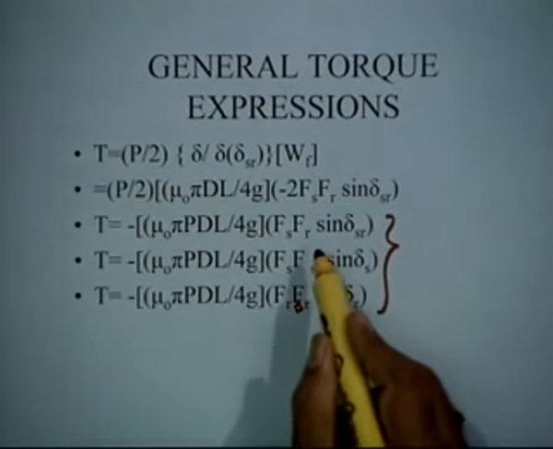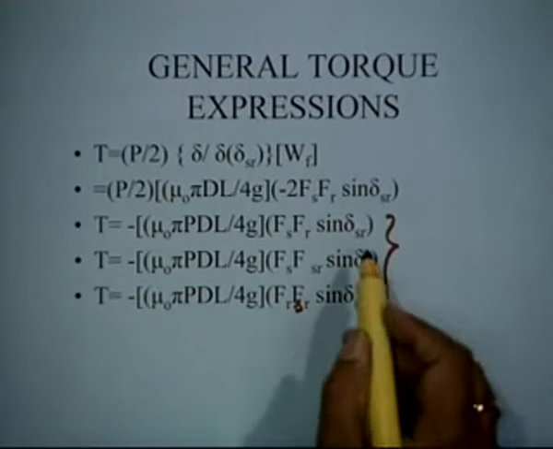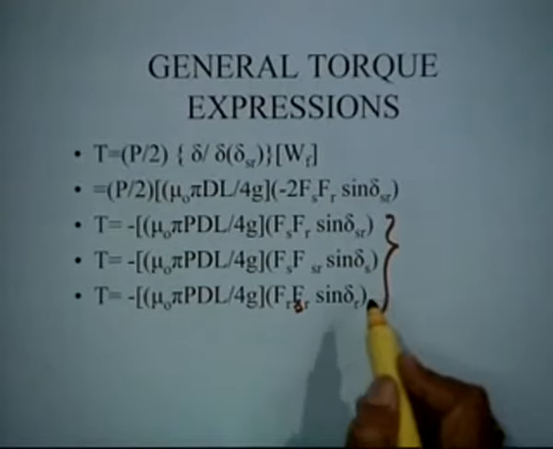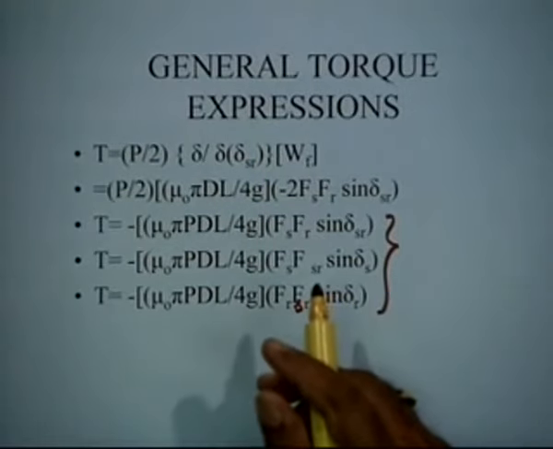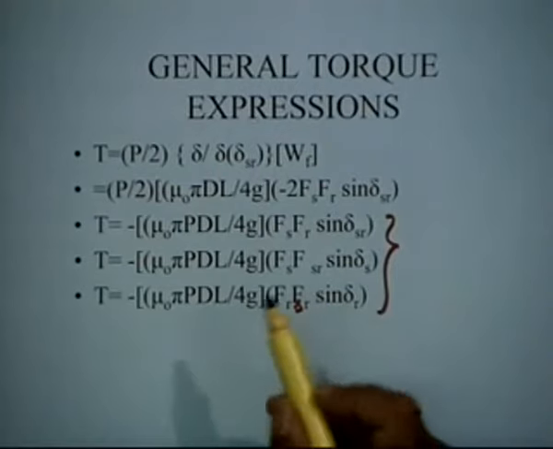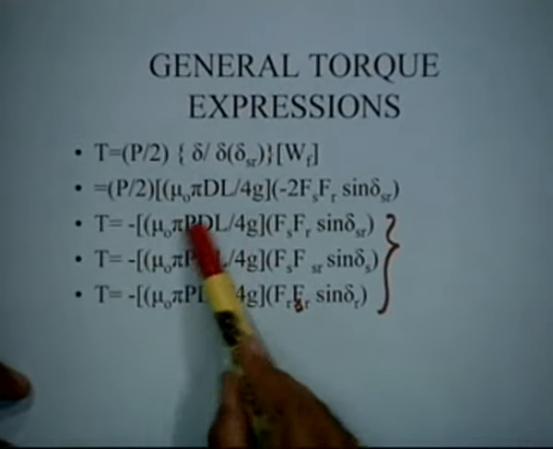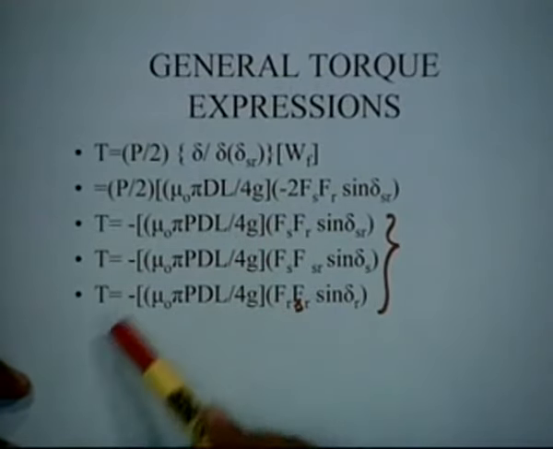Now we know that this is an expression for torque. We want the torque in all machines to be non-zero. You don't want zero torque, because then there is zero power. Now, how do we get non-zero torque? This is a constant, you have nothing to do about it.